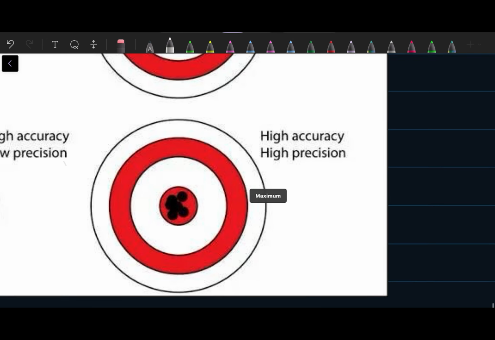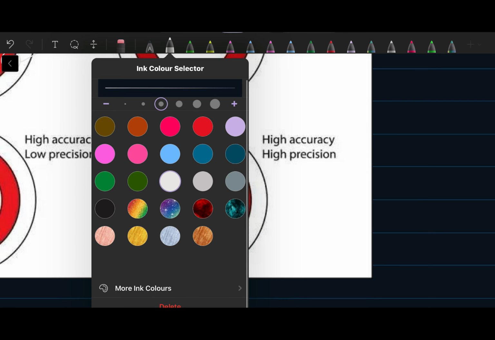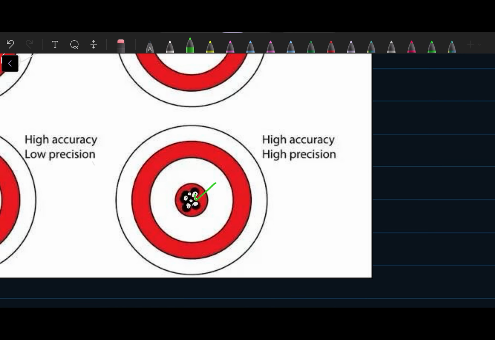In the last one, all measurements are exactly at the center and they reach the target also. Therefore, accuracy is high and precision is also high. These are just examples related to accuracy and precision.